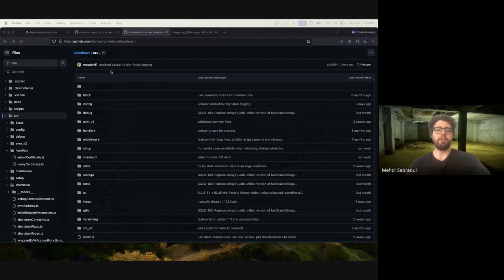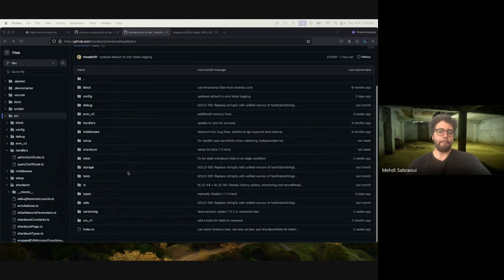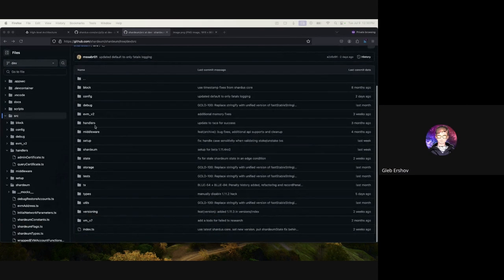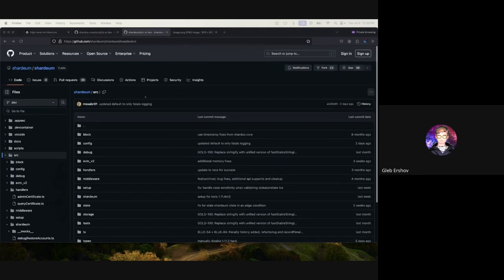Okay, so let's see. Shardeum, in my opinion, let's see if we go into source. I have an idea. Maybe we can focus on the most complex functionality in your view. As far as I understand, the most important, in your opinion, is the sharding mechanisms and how nodes are interacting with each other. Maybe something else that you think was most interesting or problematic.